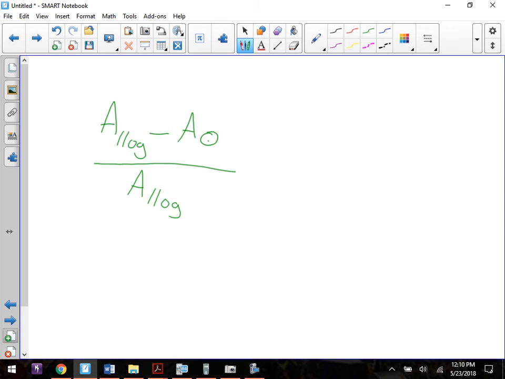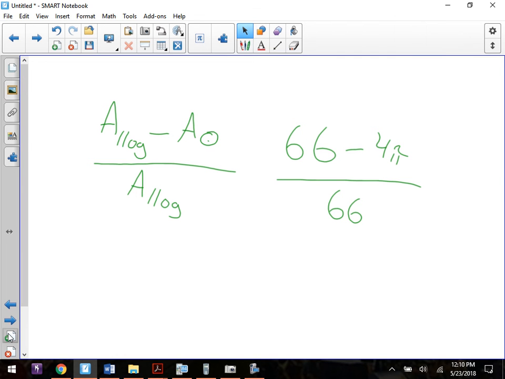So 6 times 11 is 66. It gives us a diameter of 4. So if the diameter is 4, the radius is 2. When I square 2, what do I get? And then I slap a pi next to it, so it becomes 66 minus 4 pi divided by 66.